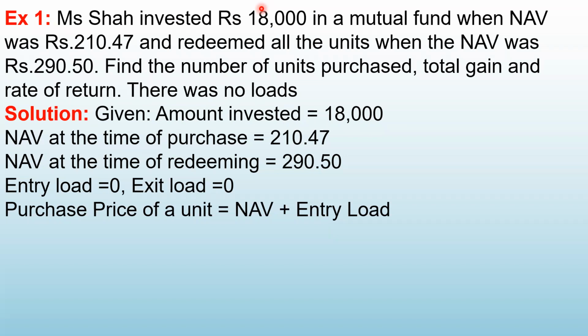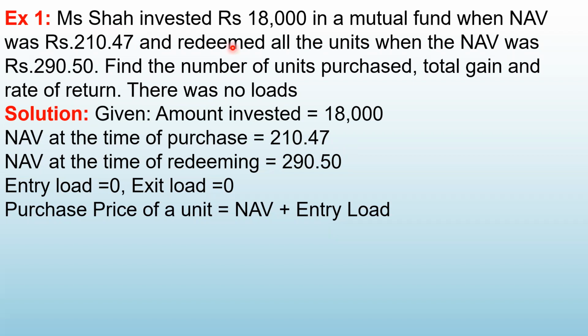Invested means when do we invest? When we buy. So that means the units are purchased, when NAV was rupees 210.47. So the NAV at the time of purchase is 210.47.